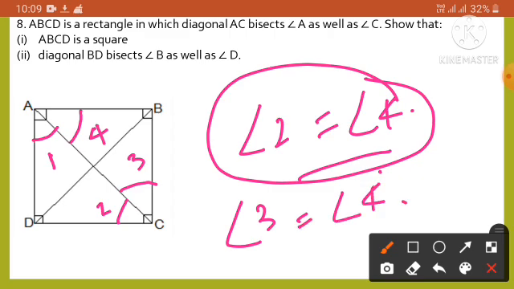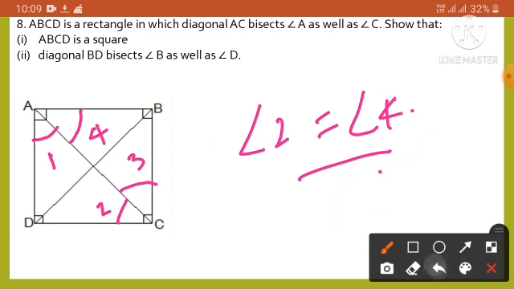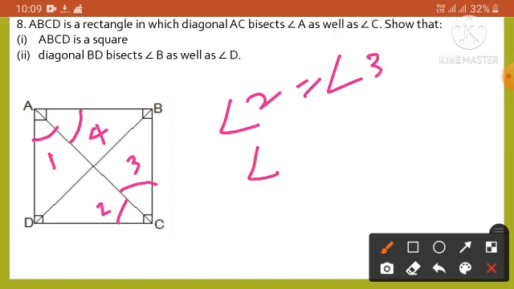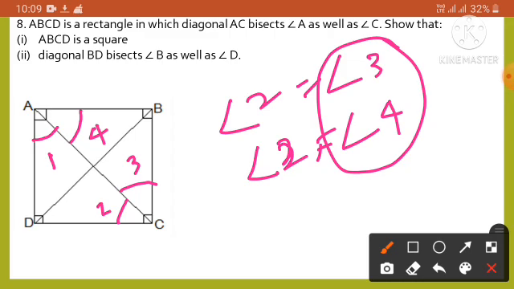Got it? Again, we know that angle 2 equals angle 3 and we are getting angle 2 equals angle 4, so we can say that angle 3 equals angle 4.